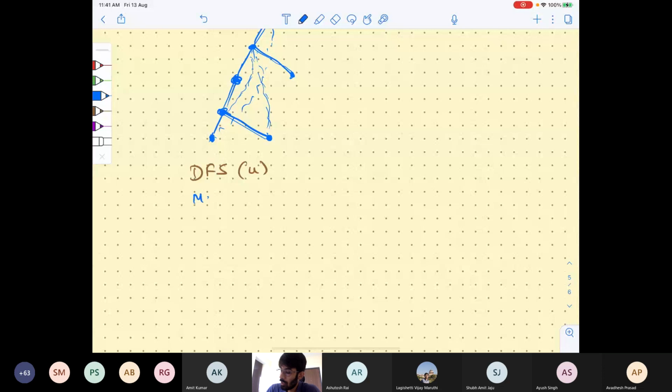Mark U visited. I could have written something like this for BFS also, but using similar things you can write. That is simpler than this. Add U to R. So this R is the global variable.